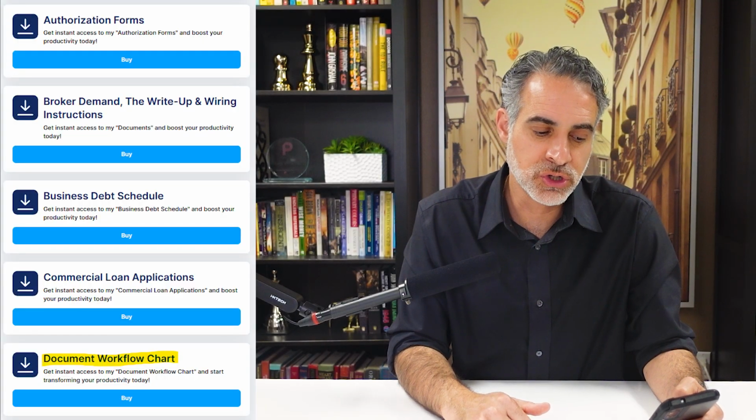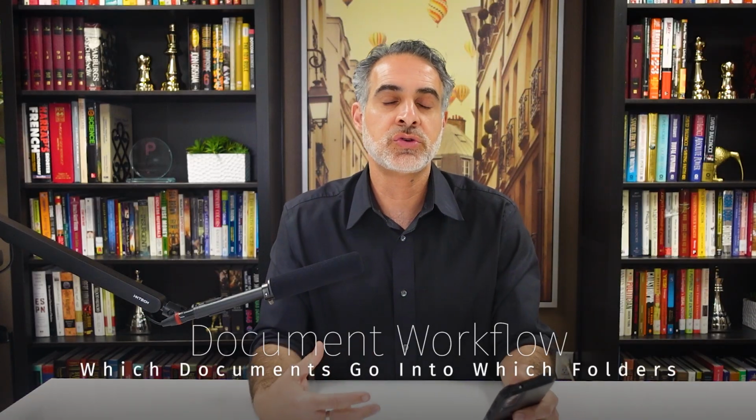Document workflow. You're going to need to understand what documents are needed and what folders they need to be put in. It's very important to not only have this document, but over time memorize the structure, because ultimately what you'll learn is that the transaction falls into assets, credit, income, and then you have disclosures and you have escrow.